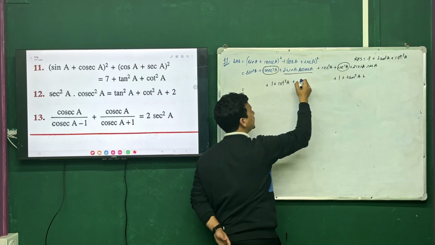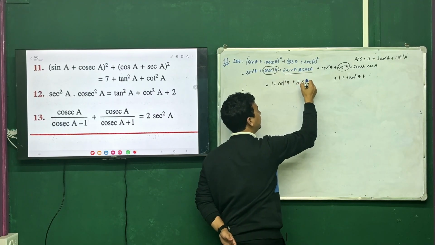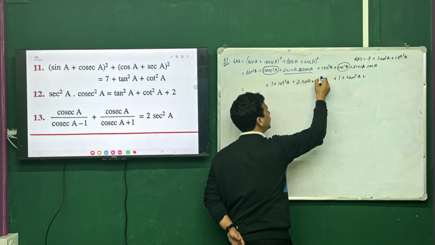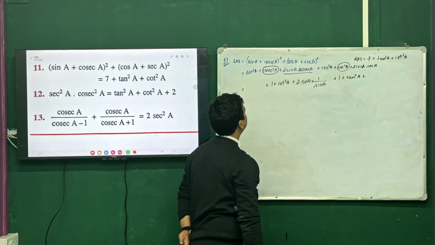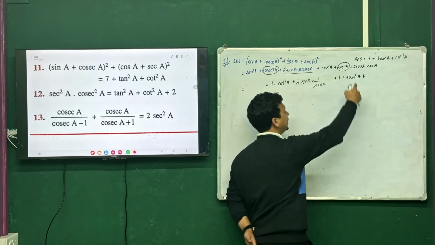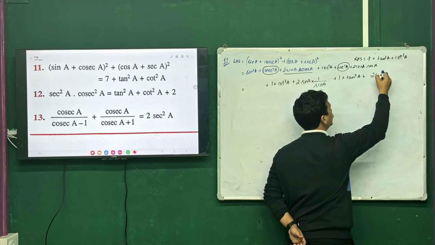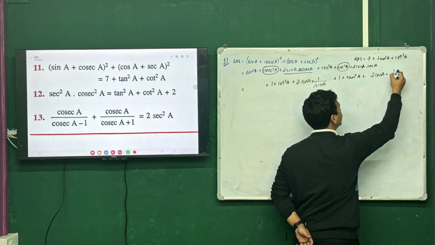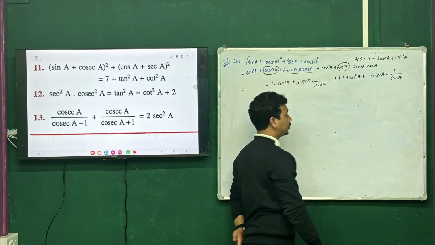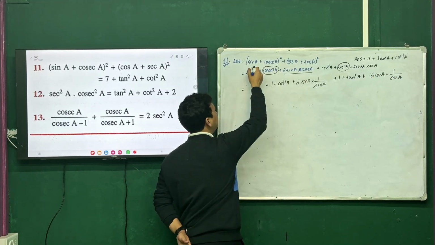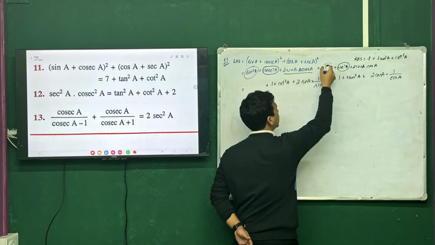This term, if you see cosec, I can write it as 1 upon sine. So we get 2 into sine A multiplied by 1 upon sine A. Then similarly this also we can write 2 cos A into 1 upon cos A, because sec A is nothing but 1 upon cos A. And finally sine square plus cos square.